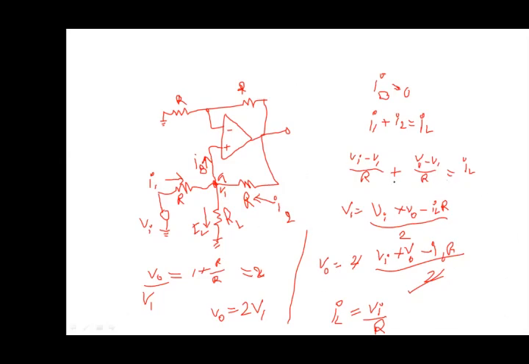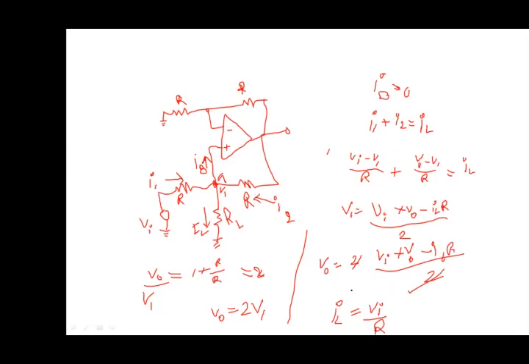See here, the V naught which we are going to consider will come to this side, and this V naught becomes 0. Vi minus IL by R is equal to 0. So then IL is equal to Vi by R. That is how we have obtained this equation.